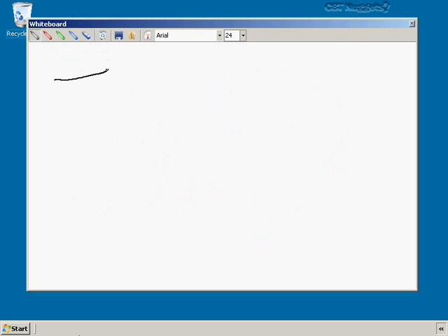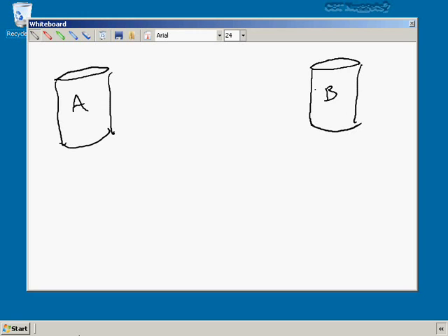For example, we might have a database sitting over on server A, which contains all of our current customer order information. Over on server B, though, we've got another database which might contain older archived information. Now, typically, your application is going to rely on the data that's contained in A. We'll call that the live data. However, occasionally you may need to go into the archive to look up information.